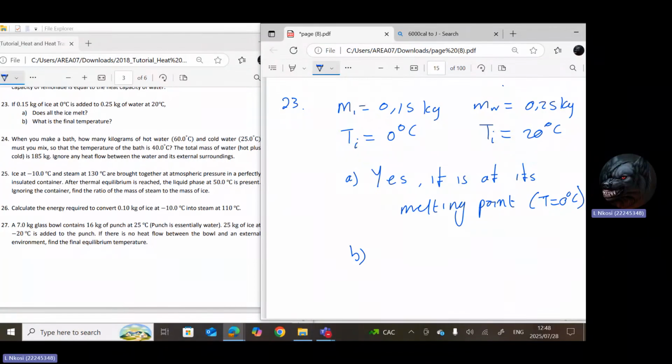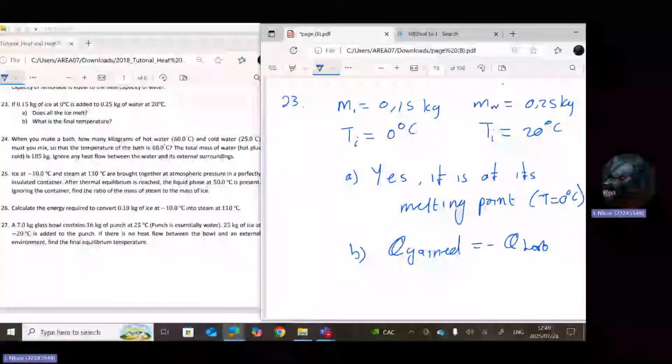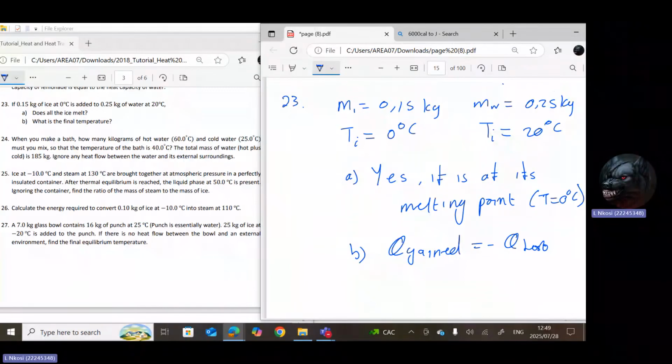B, what is the final temperature? That temperature is easy to find, right? Heat gained equals negative heat lost. So what will gain the heat? The ice will gain the heat. It will gain the heat of changing the phase, and then gain the heat of changing the temperature from 0 to the final temperature.